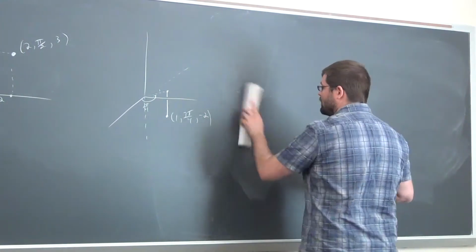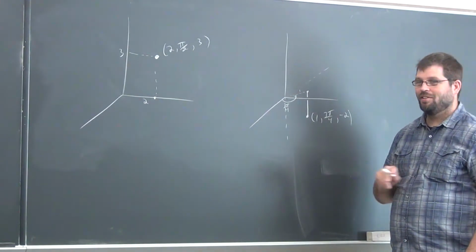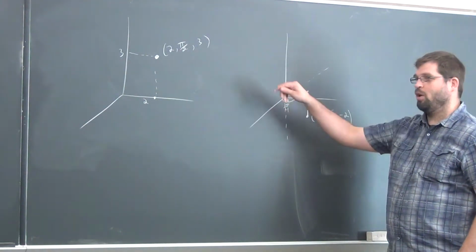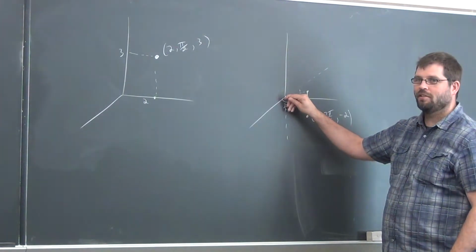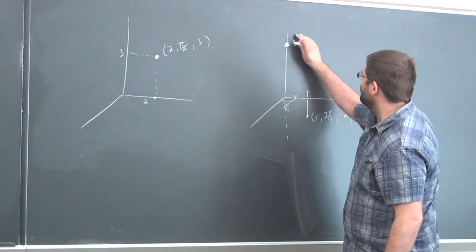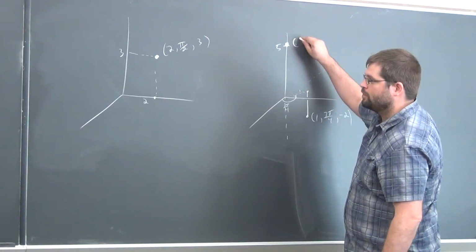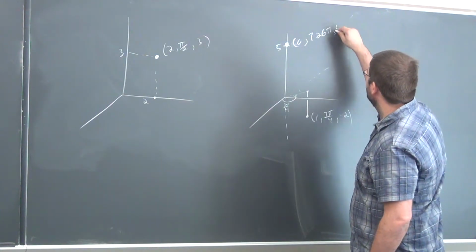Let's just draw it on one of these other ones. So if your radius is 0, where are you? You're at the origin no matter what your angle is, right? So you're just at the origin and then you're going up 5. So it should just be this guy here, right? So that would be the point 0, 726 pi, 5.